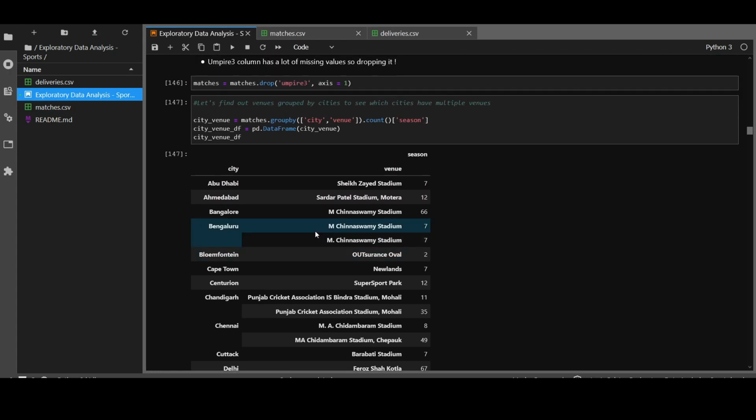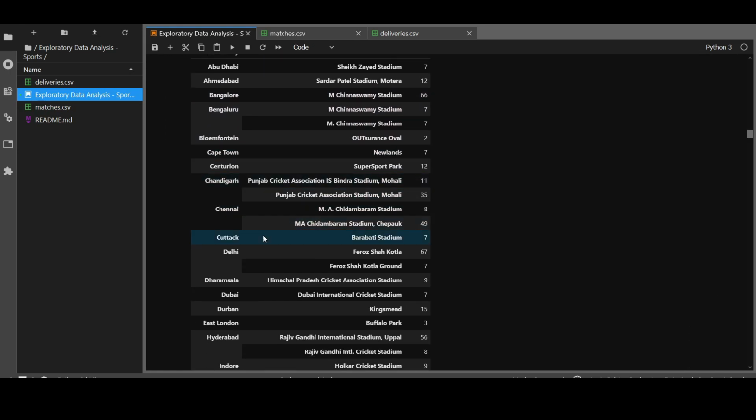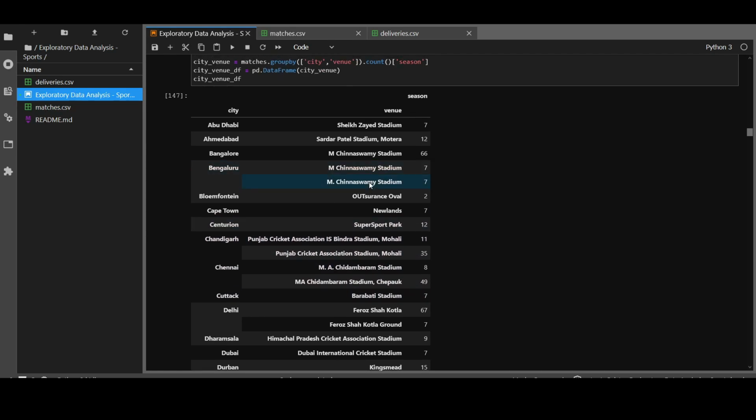This is venues grouped by cities, to see which cities have multiple venues. As you can see, Chandigarh has multiple venues and Bangalore has multiple venues. In this observation we can see M Chinnaswamy Stadium has two versions, one with a dot and one without, and Bangalore is listed twice.